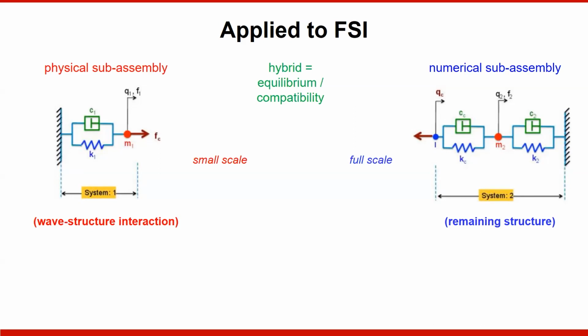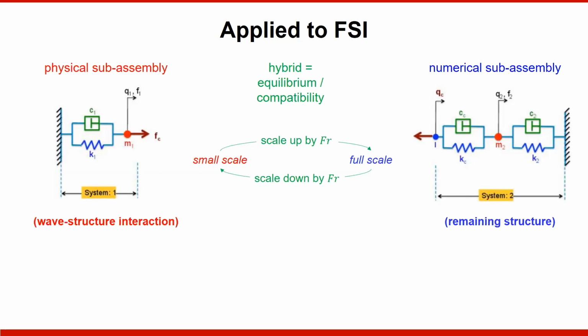And then the remaining structure, we can model at full scale, and we can even subject it to previous seismic loading, because we have decades of experience dealing with seismic loading and the subsequent damage on our structures. Then we can use a hybrid simulation to scale up or scale down any information we're transferring between the two components or the two subassemblies. There's some other advantages.